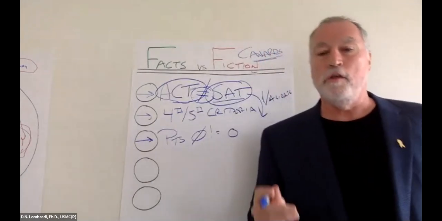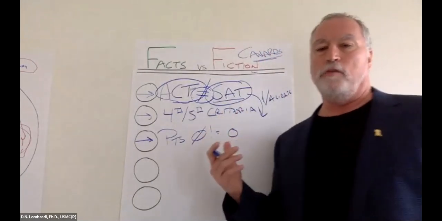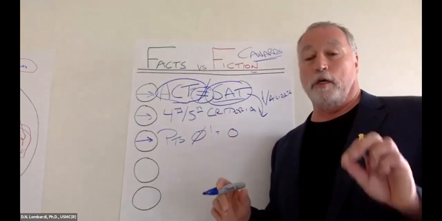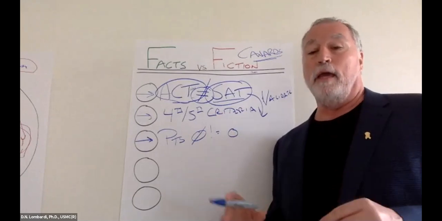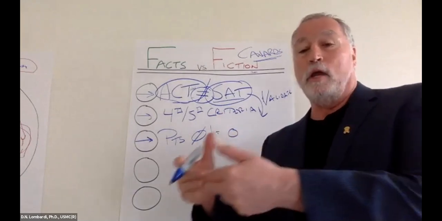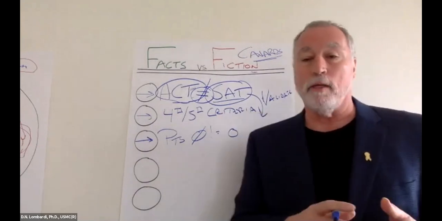Let me talk about points. Right now, if you have the wrong answer, okay, it equals 0 points. So this is a major change that took place, I believe, about 3 years ago with the SAT, that you do not get a quarter weight reduction, all right?